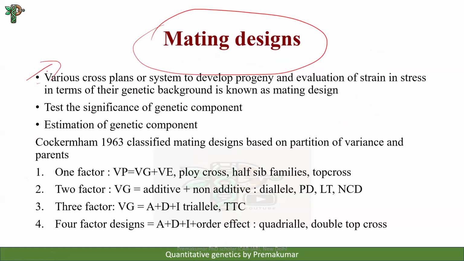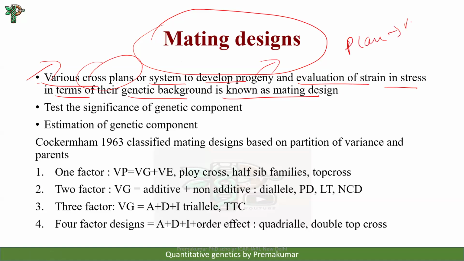Mating design means various crosses, a system to develop progeny and evaluate strains in terms of genetic background. We are planning the crosses.